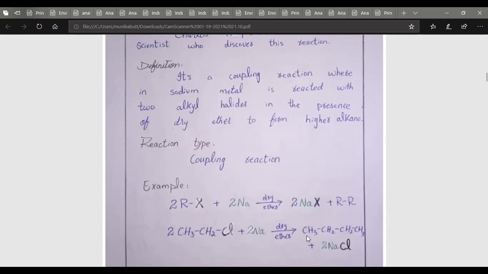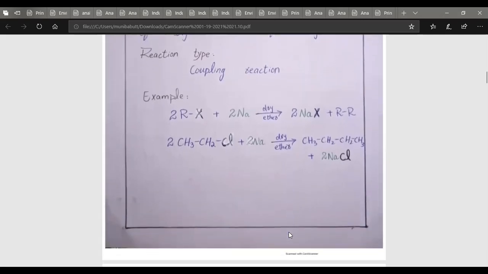So when we get the product, we get butane, which contains four carbon atoms. In this way, we form a four-carbon higher alkane by using ethyl chloride, which contains two carbon atoms. So this example clarifies the definition of the Wurtz reaction.